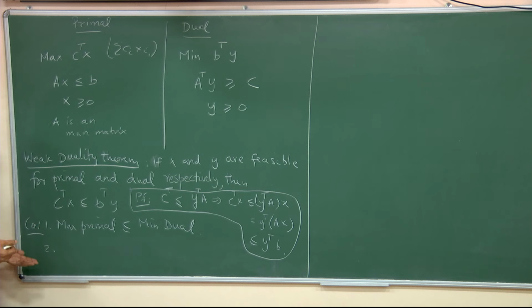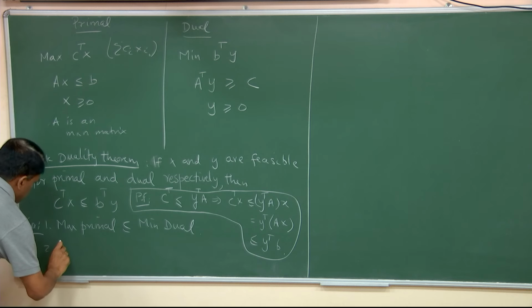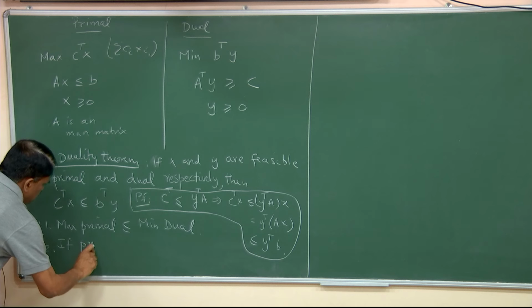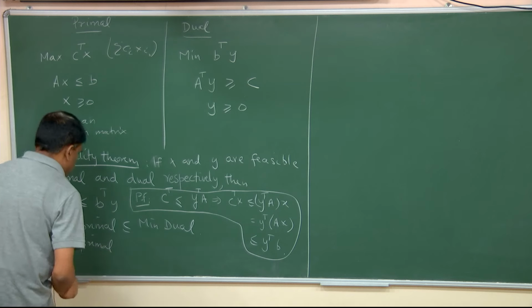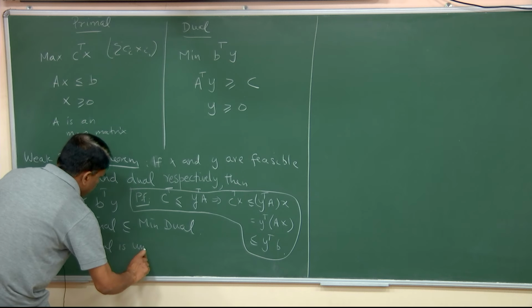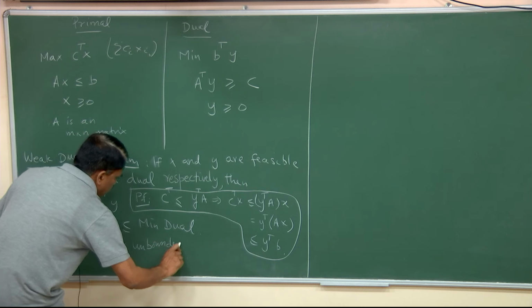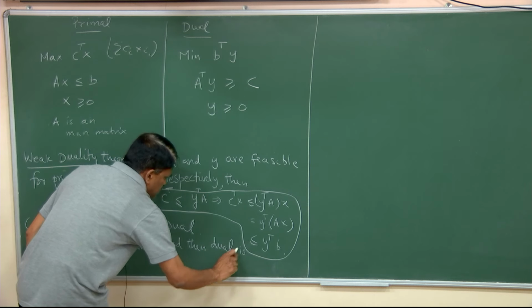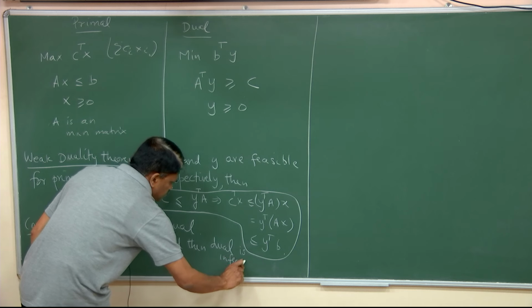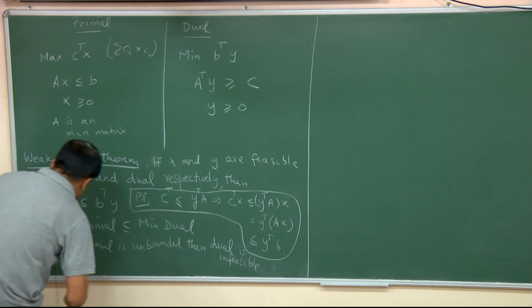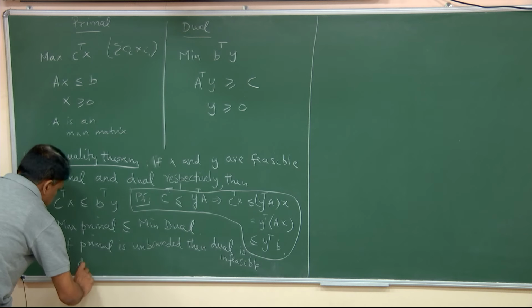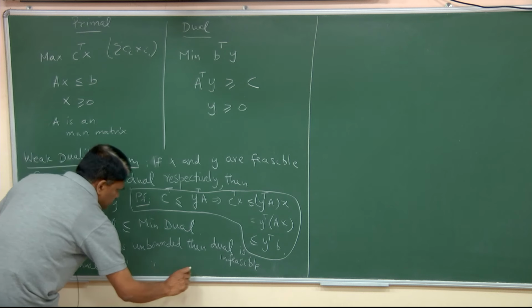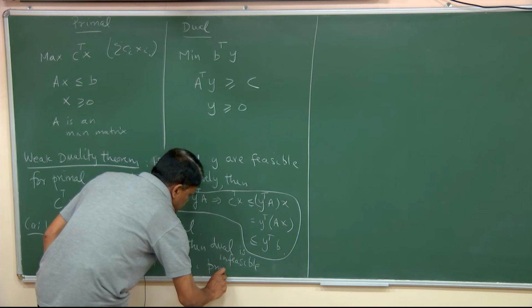Okay? Now here are some interesting properties. If primal is unbounded, then dual is infeasible. And similarly, if dual is unbounded, then primal is infeasible.